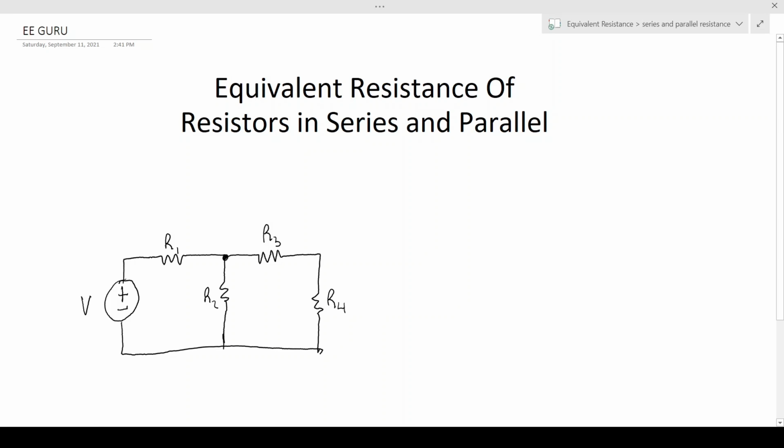Taking a look at this circuit, we see that we have R3 and R4 in series. So this can be simplified. This entire circuit can be simplified to this circuit right here.